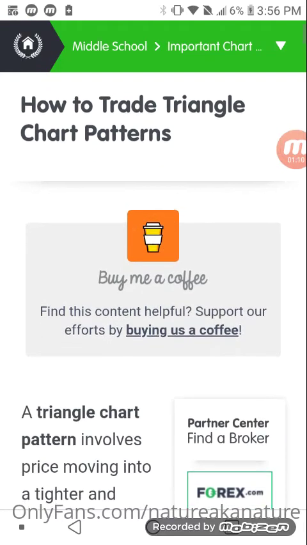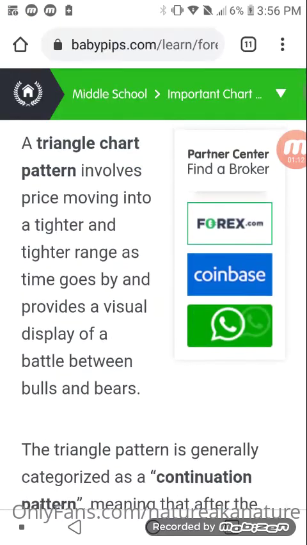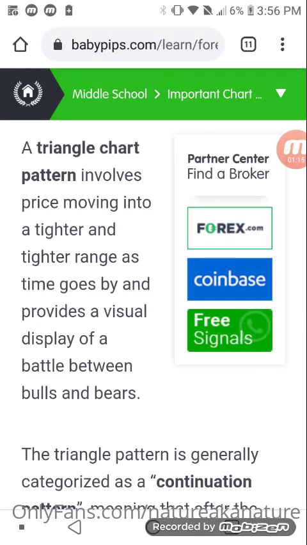So, how to trade triangle chart patterns. A triangle chart pattern involves price moving into a tighter and tighter range as time goes by, and provides a visual display of a battle between bulls and bears.